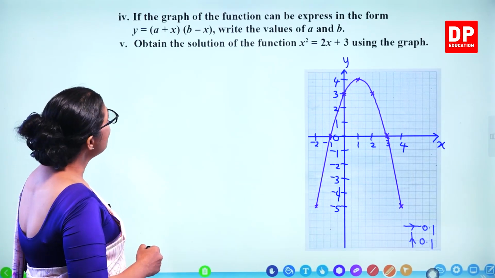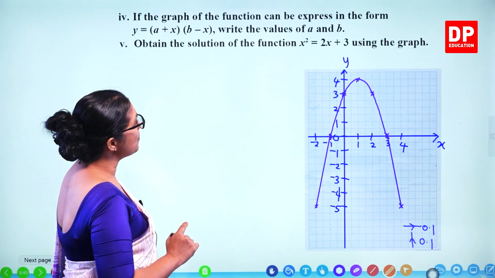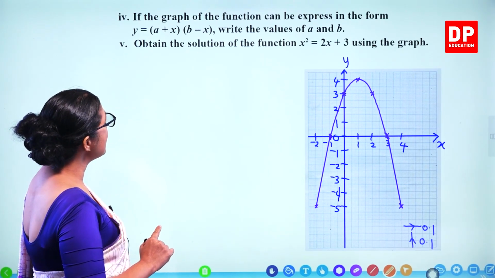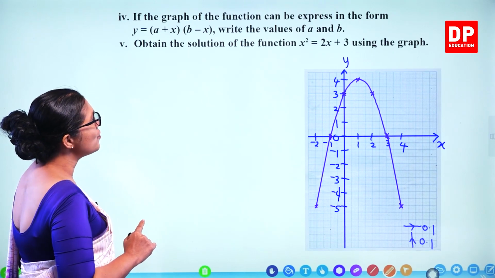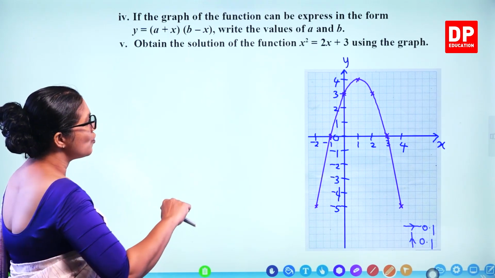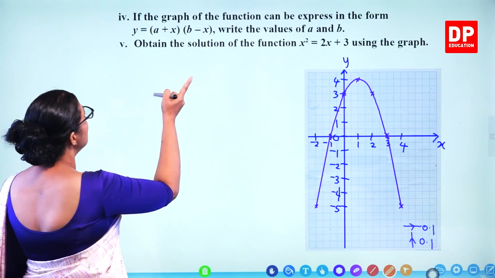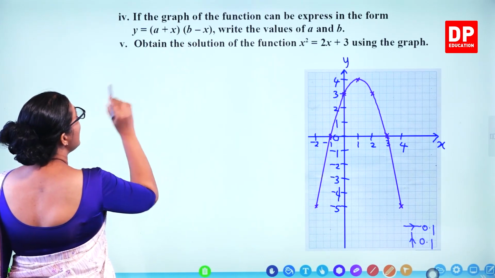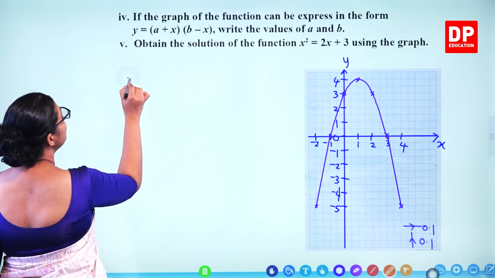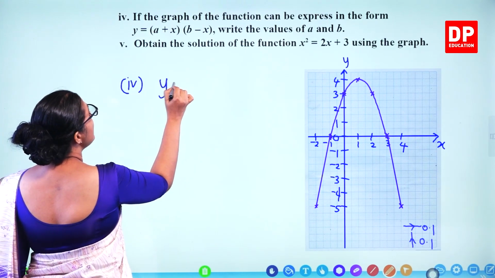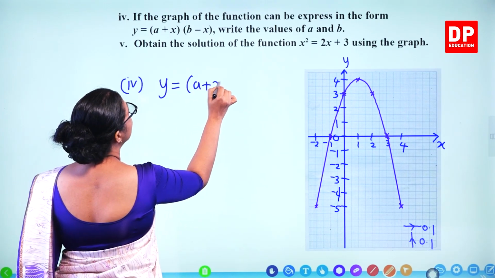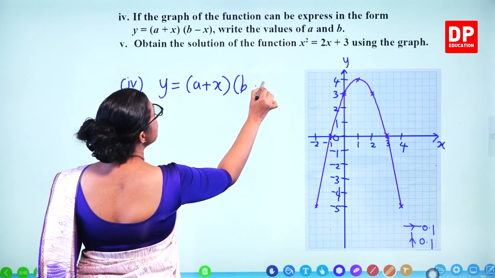Part 4. If the graph of the function can be expressed in the form y equals (a plus x)(b minus x), write the values of a and b. So you need to think about what are the values we can take for a and b. So y equals (a plus x)(b minus x).